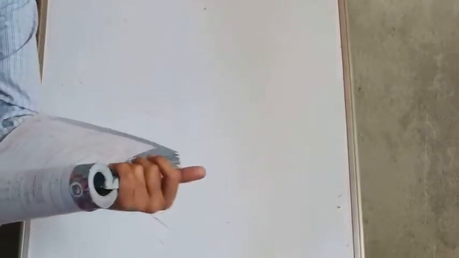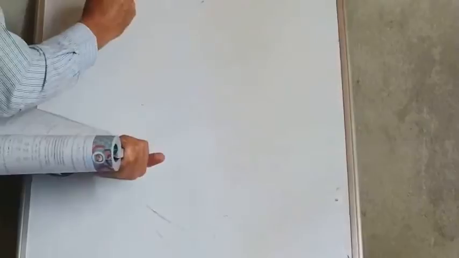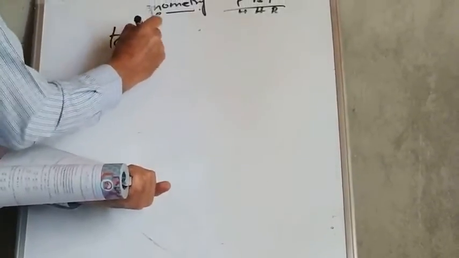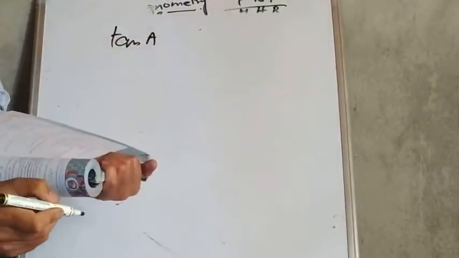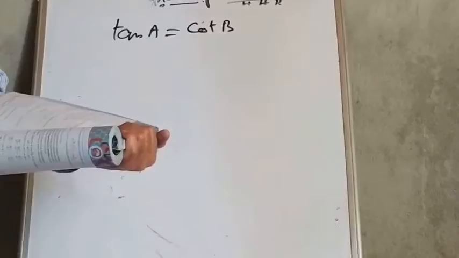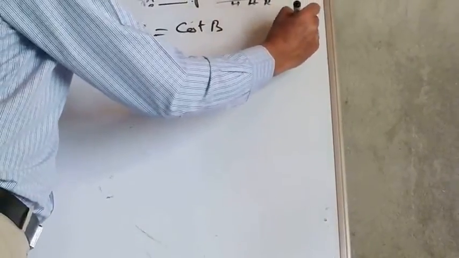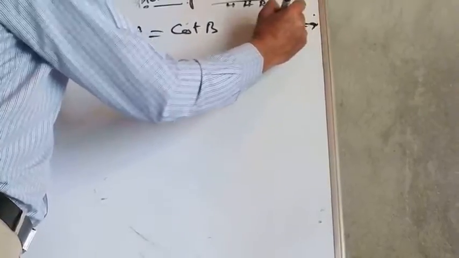Now question number 4 is: tan A is equivalent to cot B. You have to prove that A plus B is equivalent to 90 degrees.